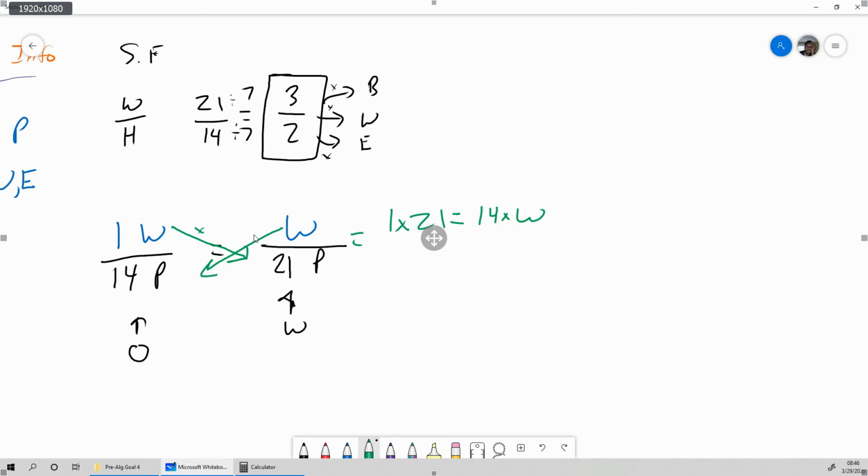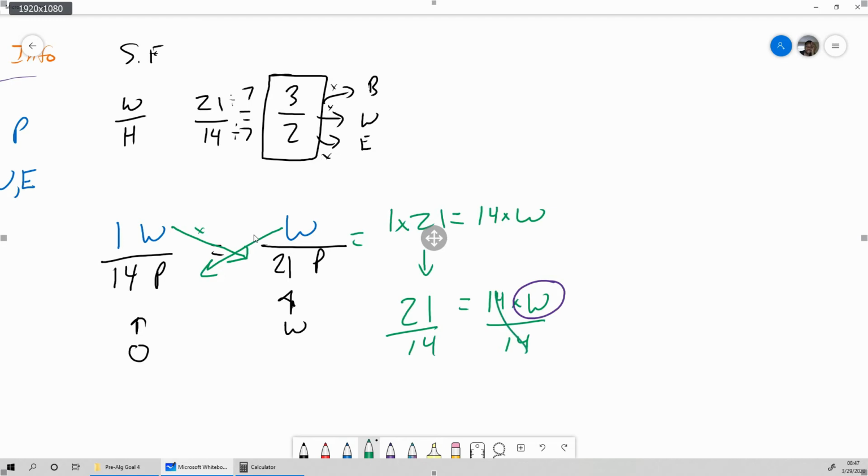Well, I know that 1 times 21 is just 21. And 14 times water is just 14 times water. If I want to get the water by itself, I do the opposite of what's happening to it. So if it's 14 times water, I would divide by 14. And what you do to one side, you have to do to the other.